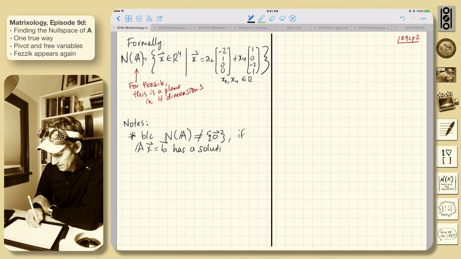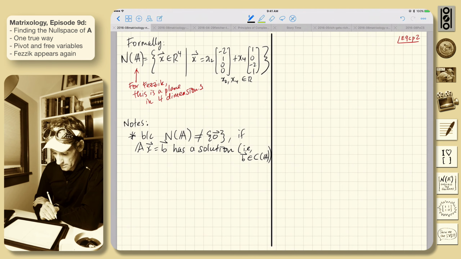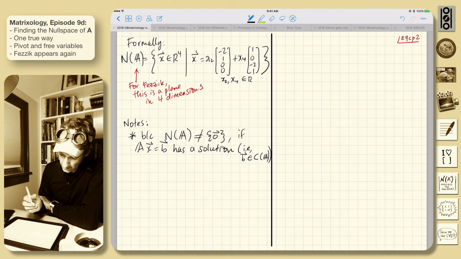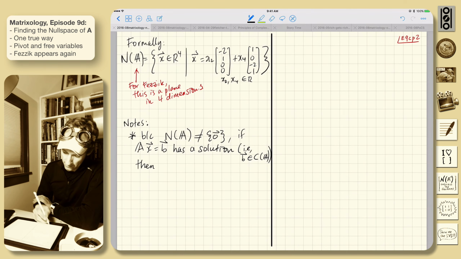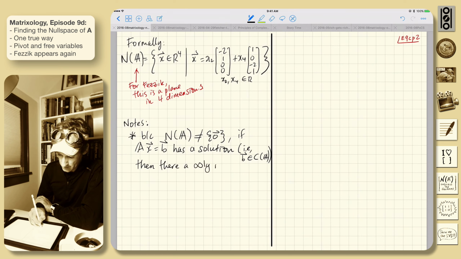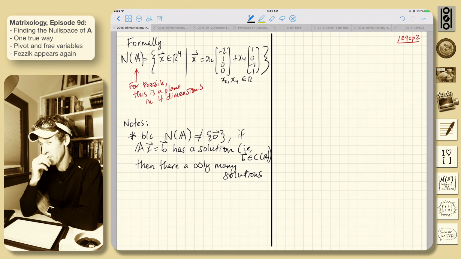It means B is in the column space of A, right? Then it's buildable, it's reachable, it's makeable. Then there are infinitely many solutions. So the null space governs this infinitely many solution story, right?